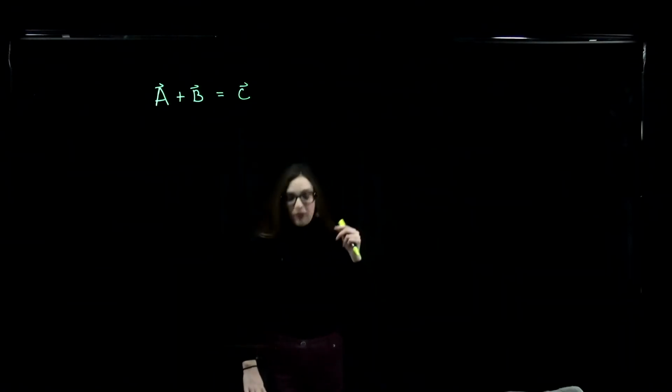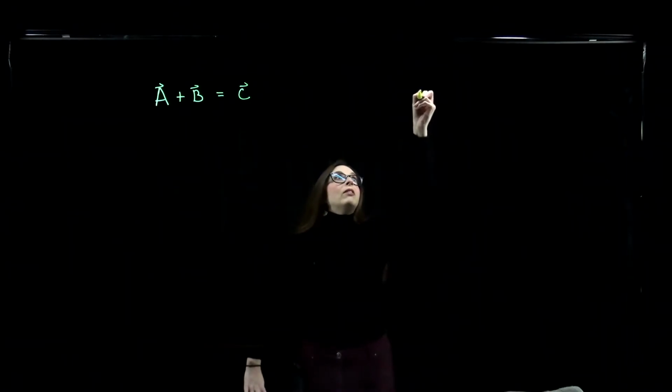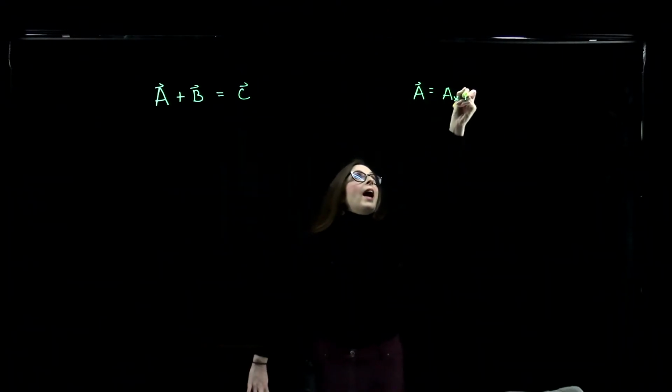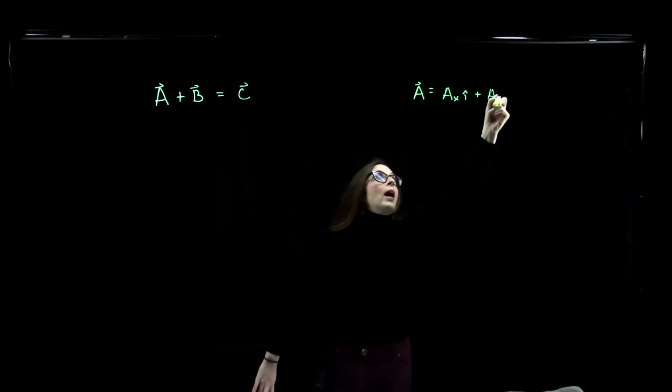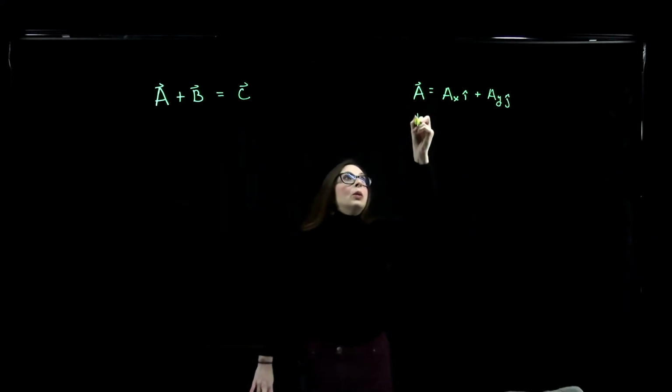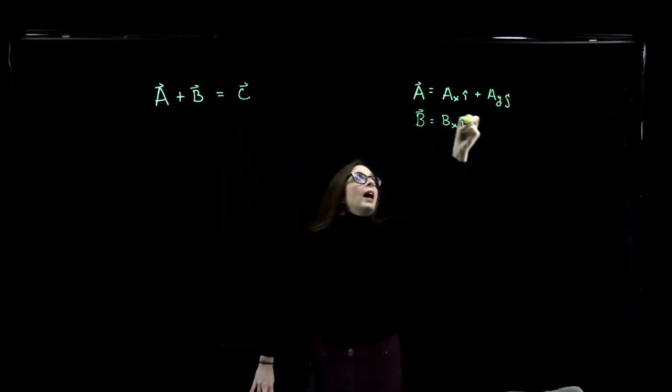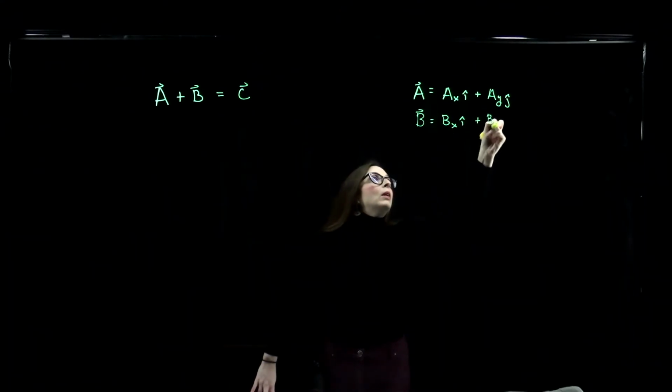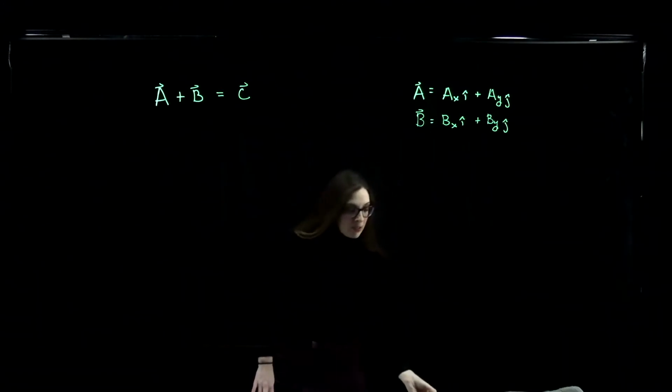So in unit vector notation, we can write vector A as ax i hat plus ay j hat. We can write vector B as bx i hat plus by j hat.